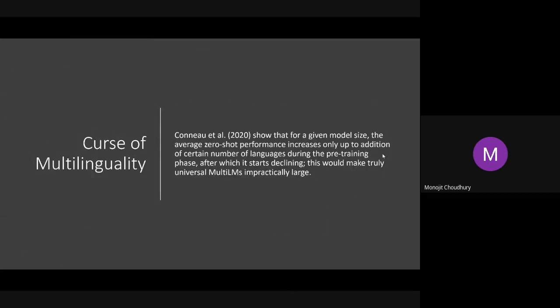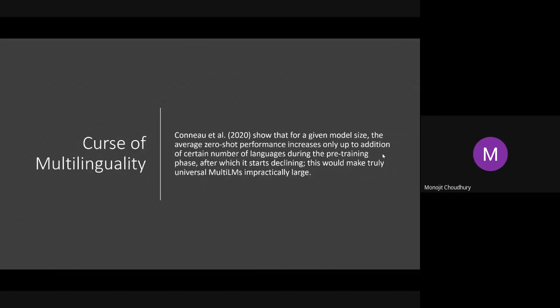Okay. So I had asked this question initially, what happens when you add more and more languages to these models, and asked you to think about whether the accuracy keeps increasing. The interesting finding is that it increases up to a certain extent as you keep adding more and more languages, and then it starts decreasing, given a constant model size.